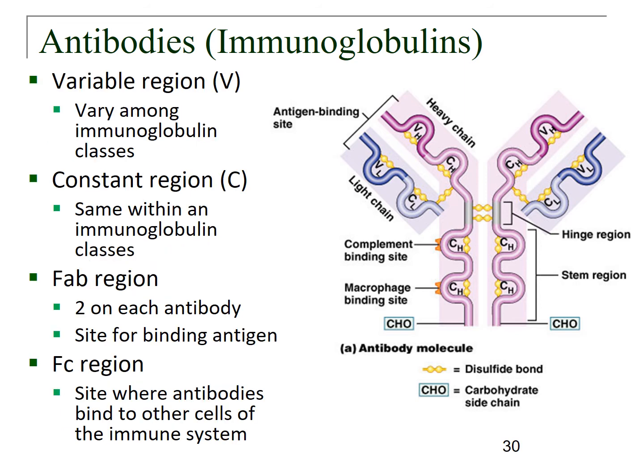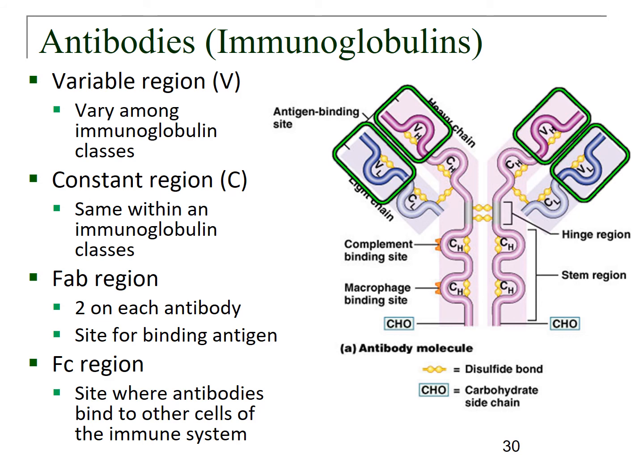Okay, now in each of these, I want you to notice that there are things that say VL, VH, CH. Okay, CH stands for constant region of the heavy chain. VH stands for variable region of the heavy chain. So it's the variable region which differs one antibody from another.